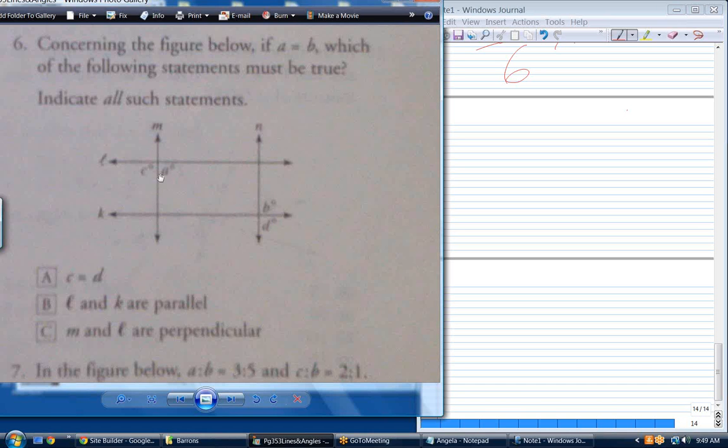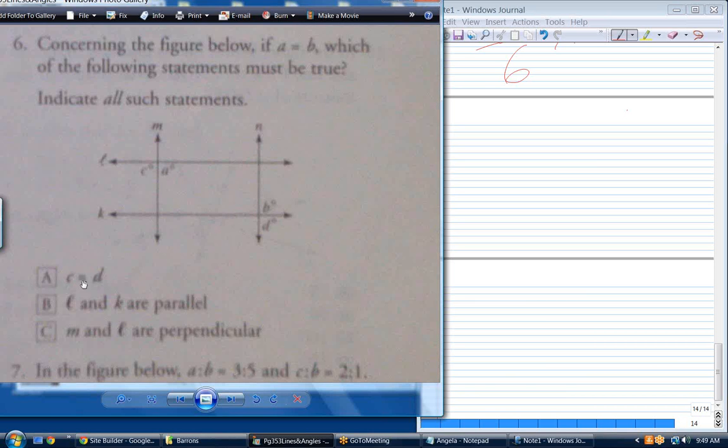In other words, that if these were perpendicular in the first place and I make them non-perpendicular, can I still make B equal to A and do that? Sure, because I can certainly rotate line M to make A not 90 degrees, and it's relatively easy to rotate line N in a manner to make A equal to B. In other words, if I can rotate these things and still end up with an A equal to B, and clearly they're not perpendicular, then they're not perpendicular. Okay. They're not necessarily perpendicular.